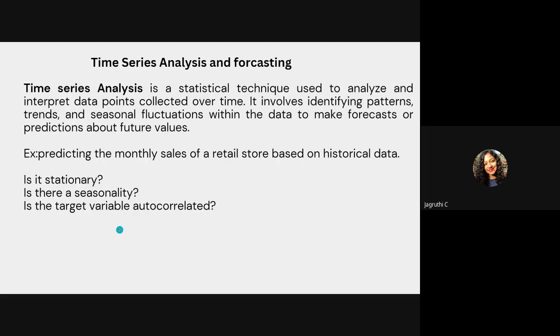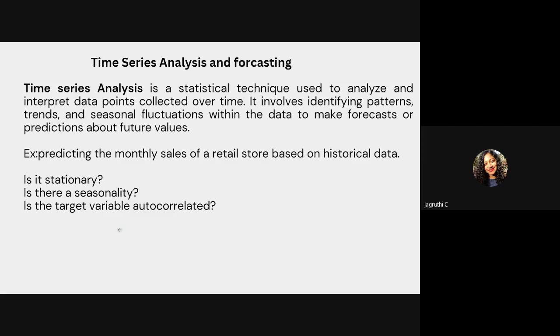Now, coming to your time series analysis and forecasting. What happens in time series analysis is that you do not have just one single data point or a couple of data points, but you look at multiple data points that are collected over a period of time.